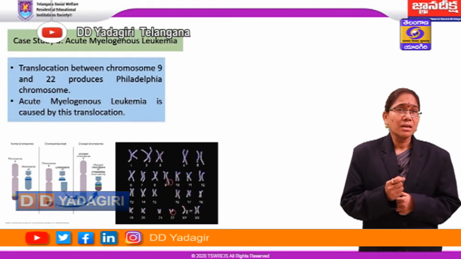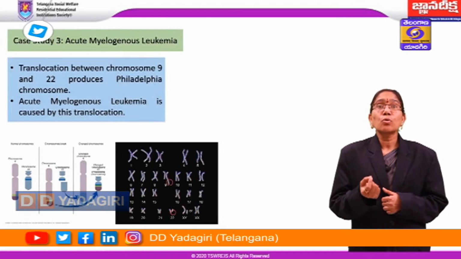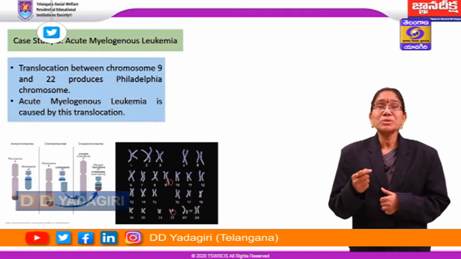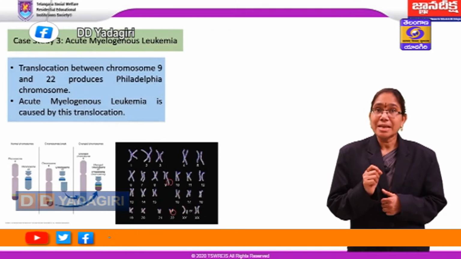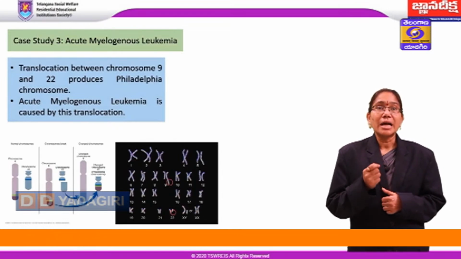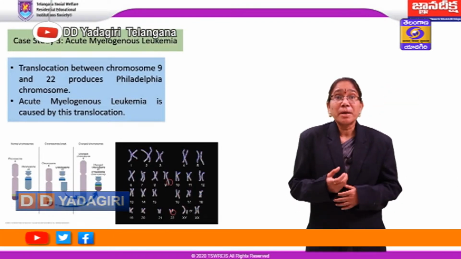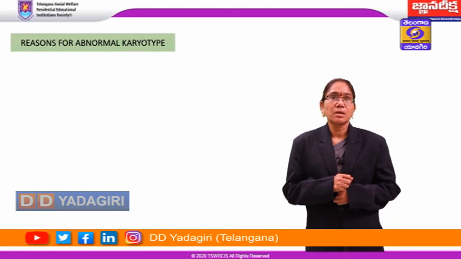In this case, translocation is taking place between chromosome 9 and 22, which produces the Philadelphia chromosome. This translocation leads to a cancer called acute myelogenous leukemia. Here I am mentioning some of the reasons for abnormal karyograms.